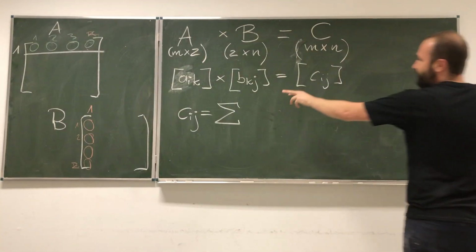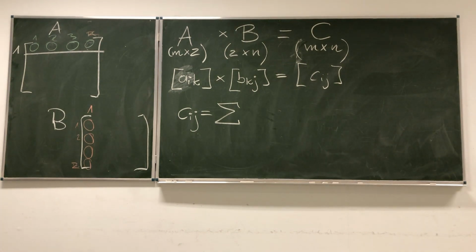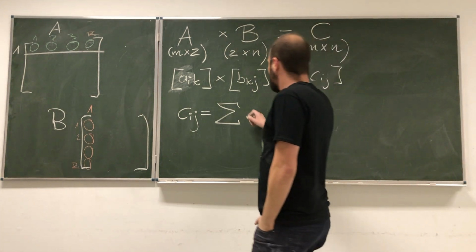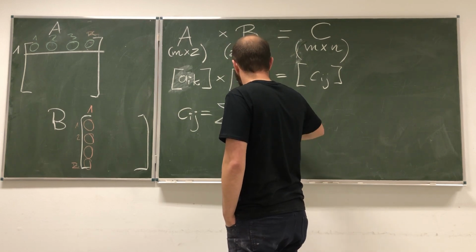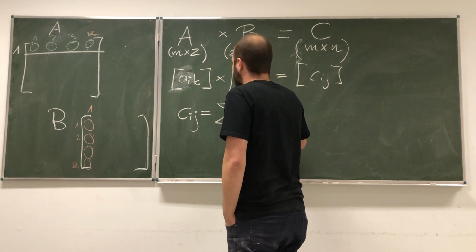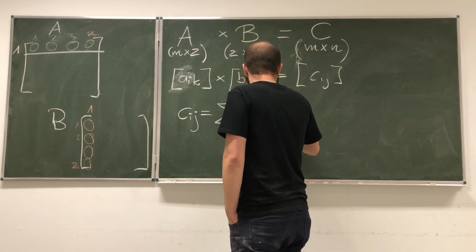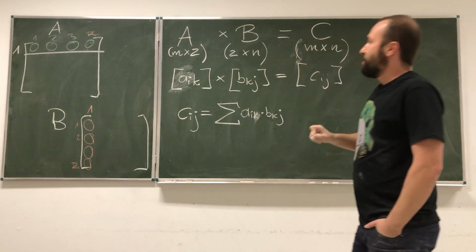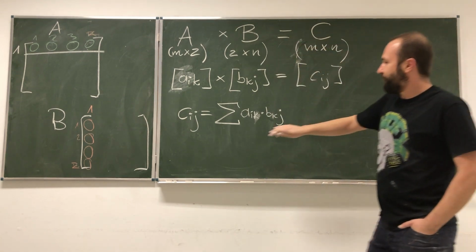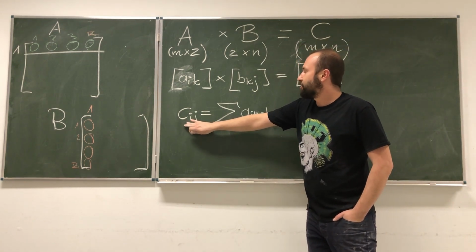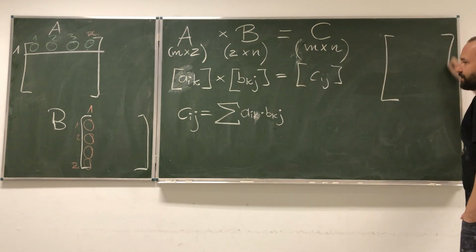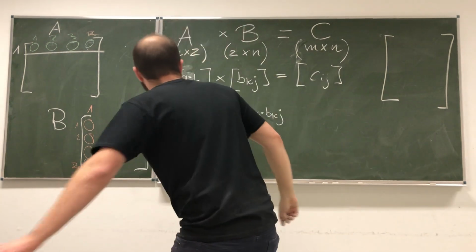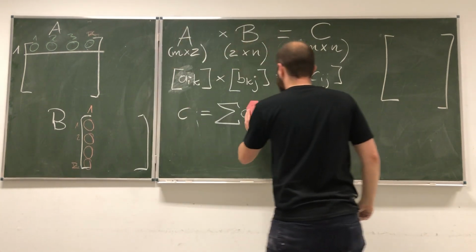Definitely, if I want to obtain element Cij, what should I do? I should sum up some elements. Okay, and which elements are those? Let me give you an example. First, a numerical example.